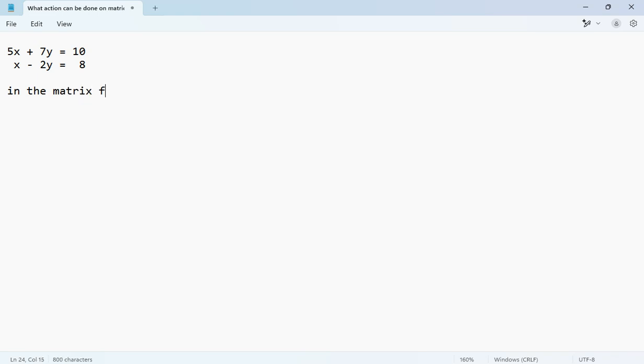In the matrix form, it is written as A times x is equal to B, where A is the matrix of coefficients, B is the right part matrix, and x is the matrix of unknown variables. So here A is equal to the matrix 5, 7.